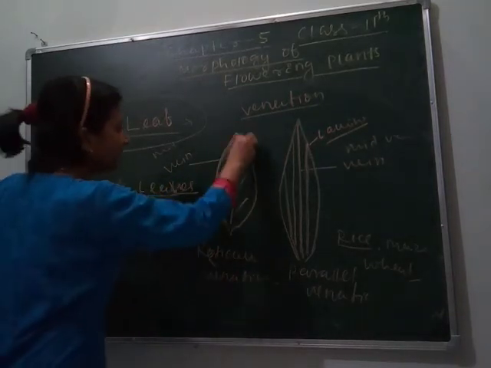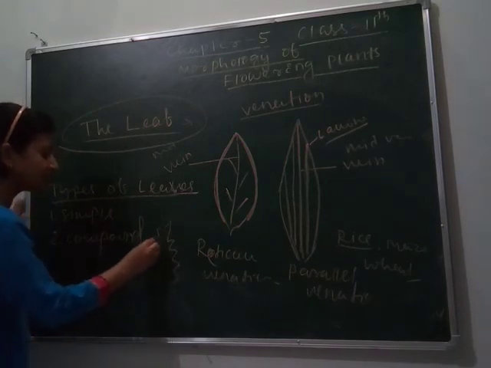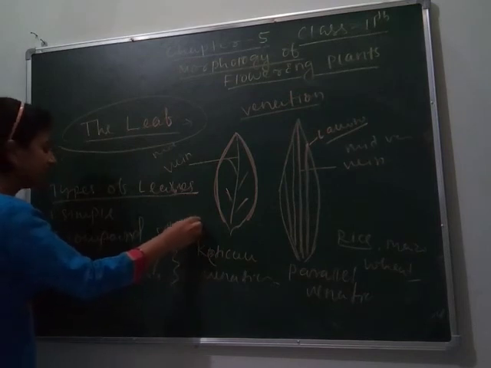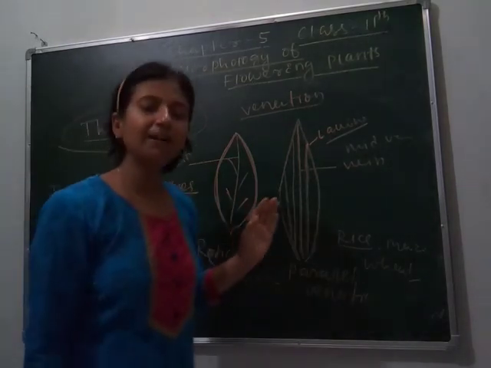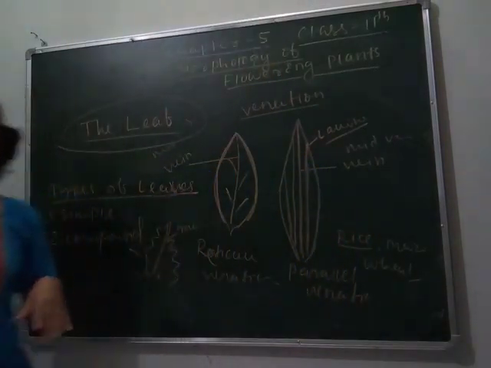And incised means like this. There are many incisions. Then it is said to be a compound leaf. Clear? Remember, in a compound leaf the bud is present in the axil of the petiole, but in a simple leaf the bud is not present. Clear?